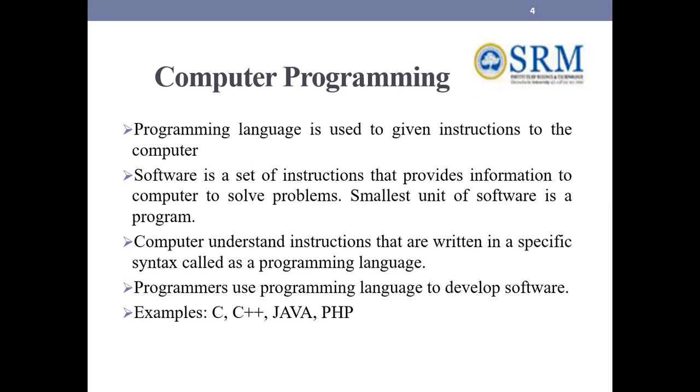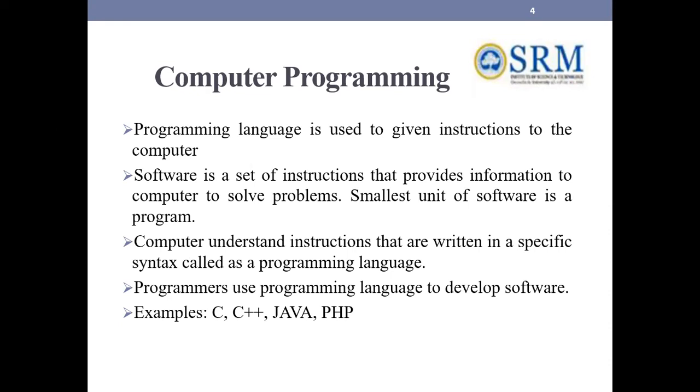The smallest unit of software is a program. So a set of instructions is called a program. A collection of programs is called software. The computer understands instructions that are written in a specific syntax called a programming language. So if we have different programming languages, each language has a specific syntax that should be followed when we write a program.